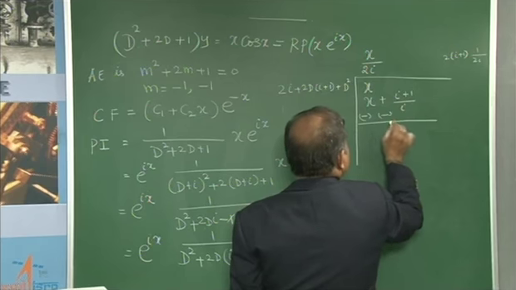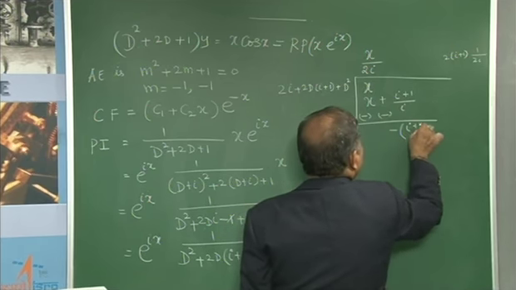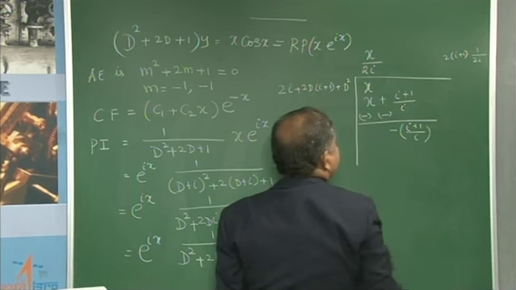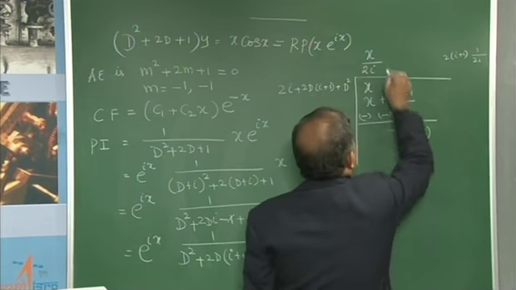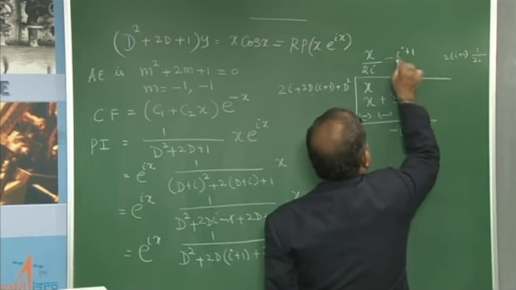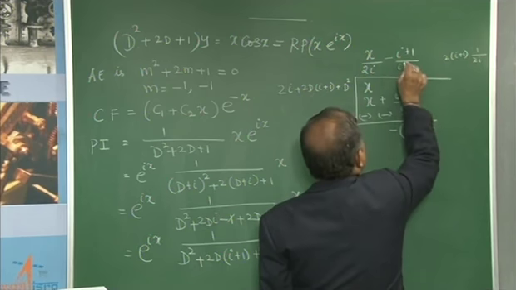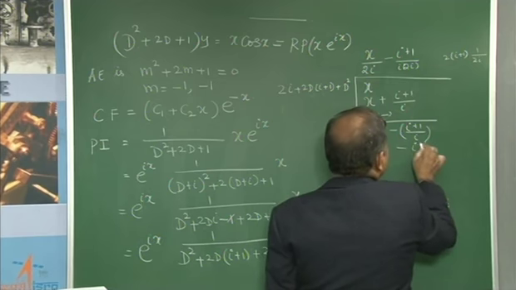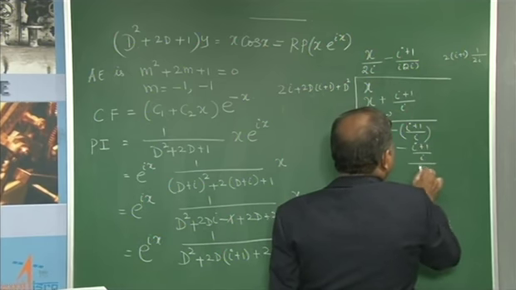Minus, I got minus of I plus 1 by I. So, here minus I plus 1 by I into 2i. So, minus I plus 1 by I 0.